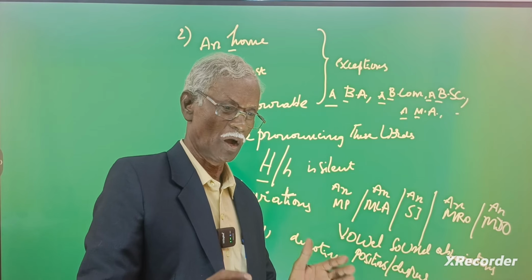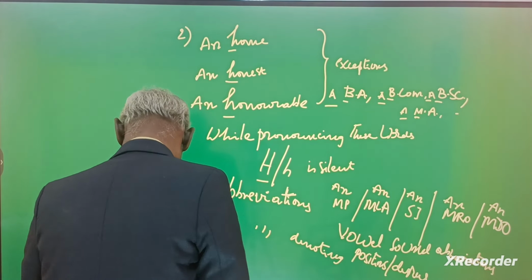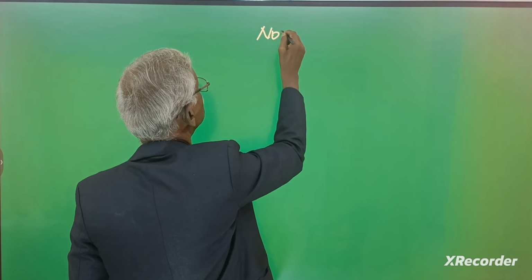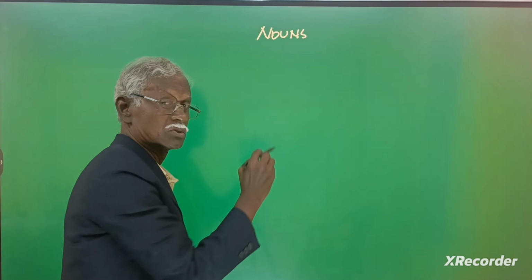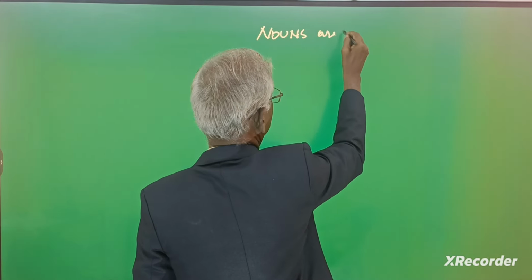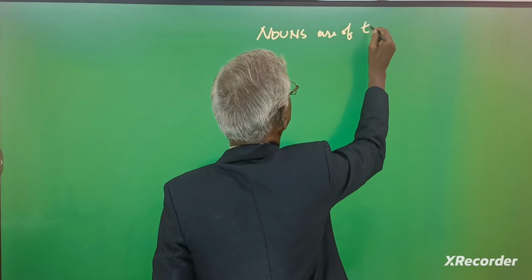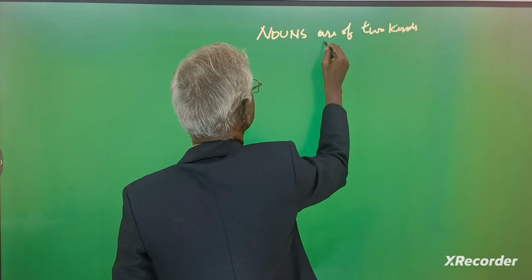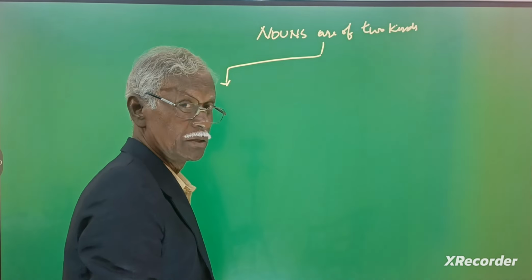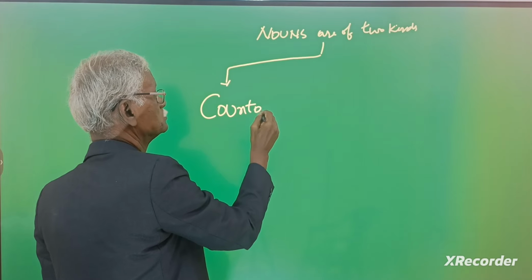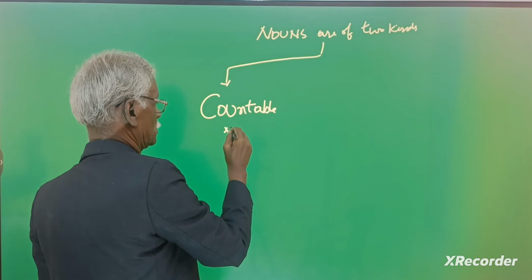Nouns are of two kinds. What are they? Nouns are of two kinds. This is important in this chapter. The first one is countable nouns.